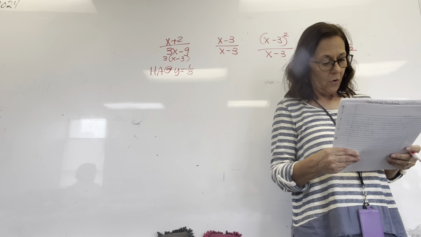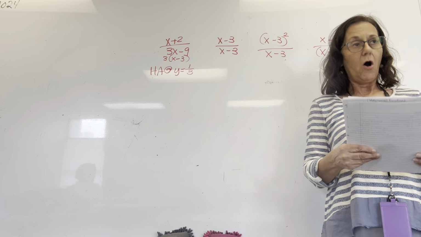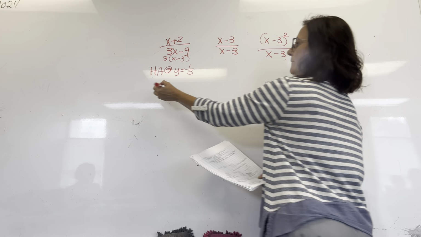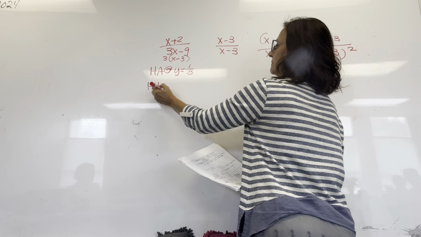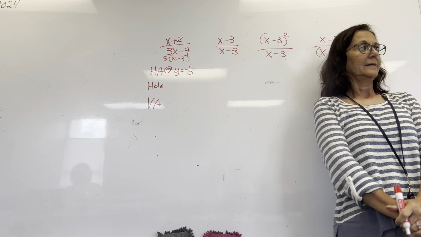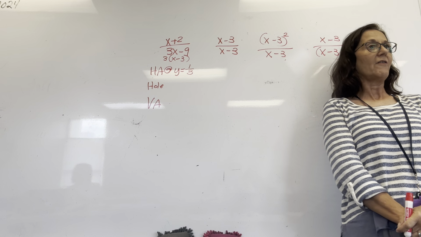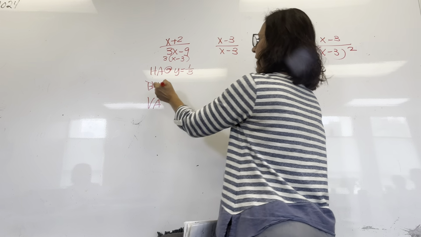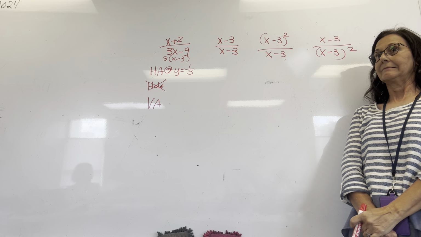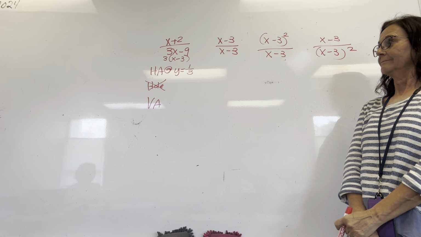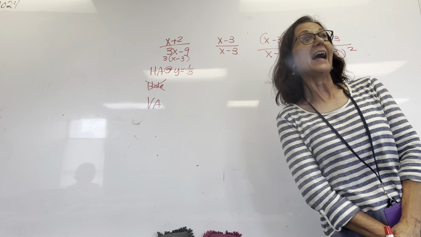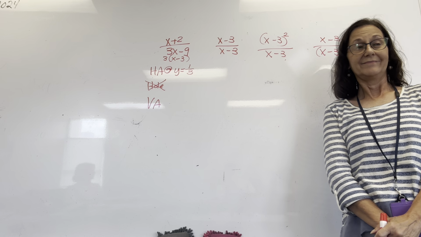All right. What about holes or vertical asymptotes? Do we have any? We don't have a hole. Do we have a vertical asymptote? Yes, we do.